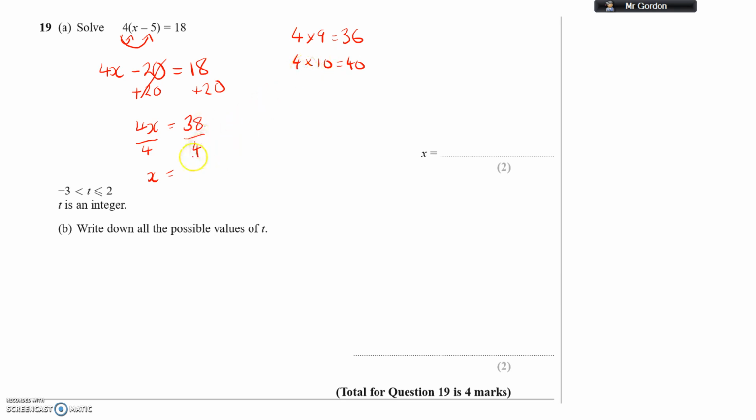So the answer can't be 9 or 10, because 9's too small, it'll give me 36, and 10's too big, because it'd be 40. I'm after 38, which is exactly halfway in between 36 and 40. So my answer is going to be halfway between 9 and 10. The answer is going to be 9.5.